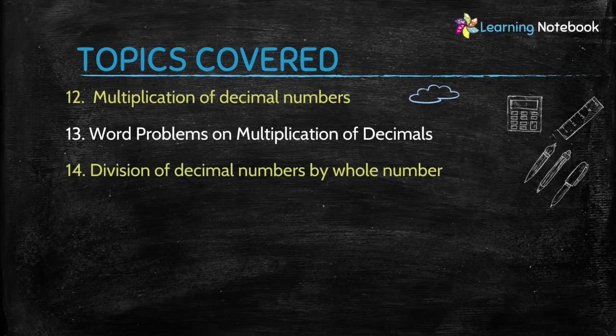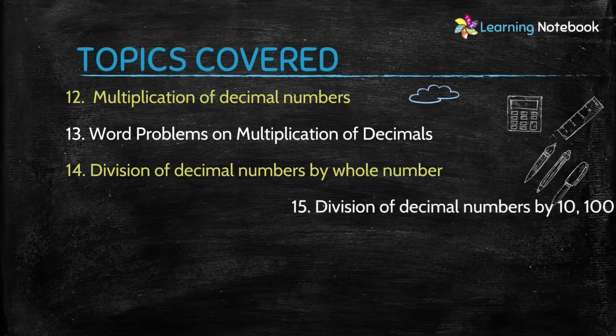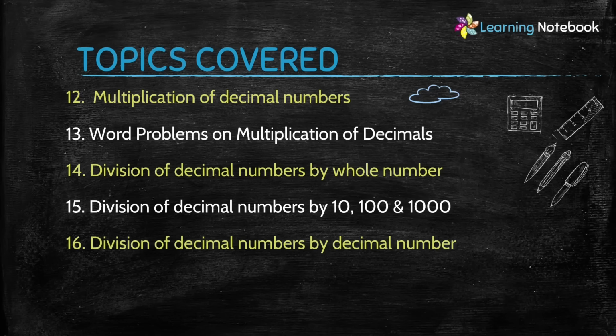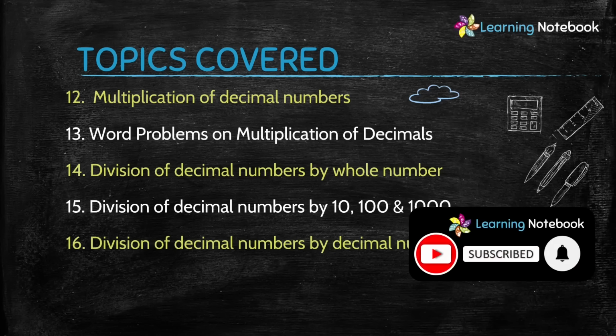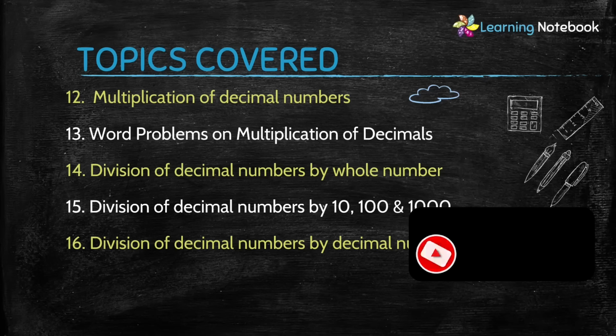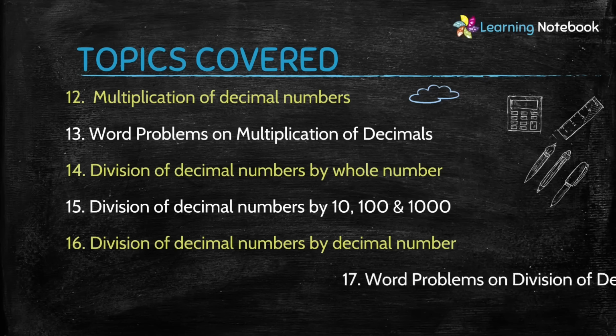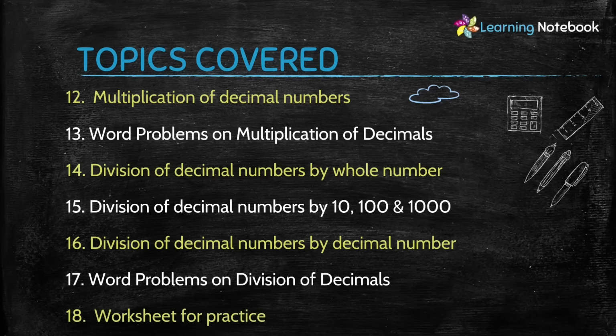After that, we will understand how to divide decimal numbers by whole number, division of decimal numbers by 10, 100 and 1000, and how to divide decimal numbers by another decimal number. And then we will do word problems on division of decimals.